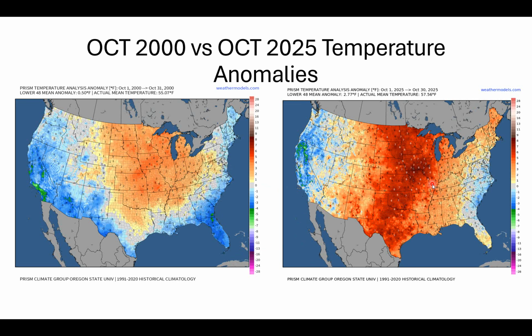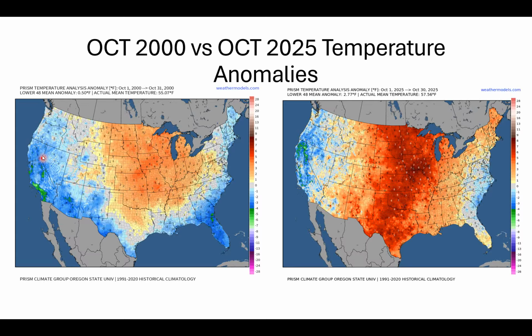Now, you do notice here on the right-hand graphic, this is much warmer in October of 2025 from Texas, Oklahoma, Kansas, up through Nebraska, Iowa, Missouri, Illinois, Wisconsin, Minnesota, and eastern Dakotas. It was much warmer this October in 2025 as compared to October of 2000 here on the left. But just look at the placement of the coloring.